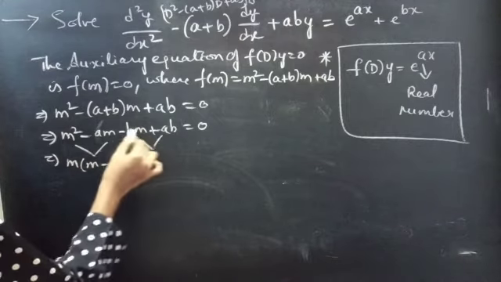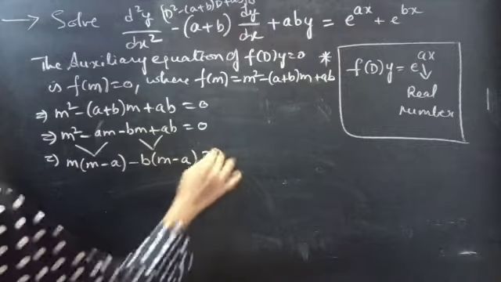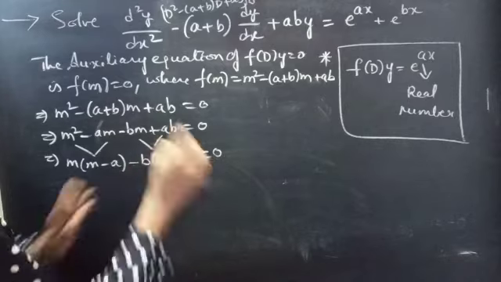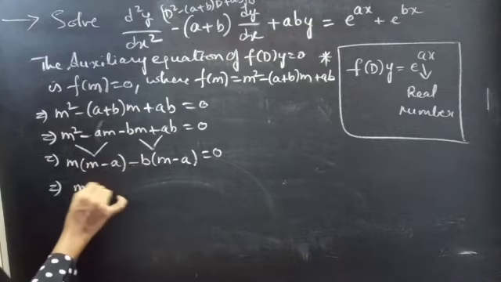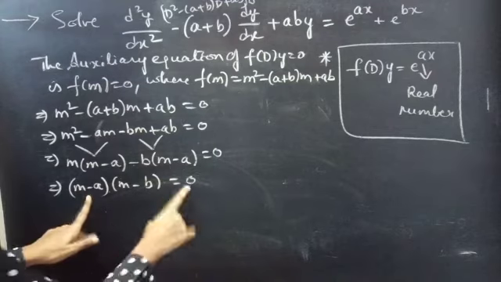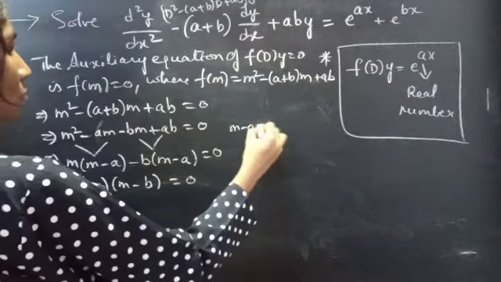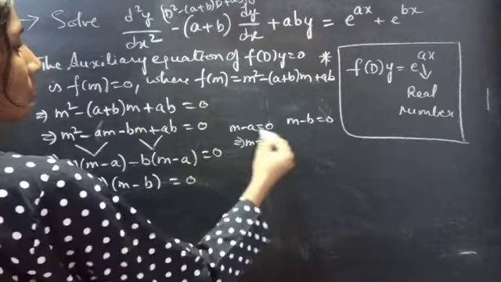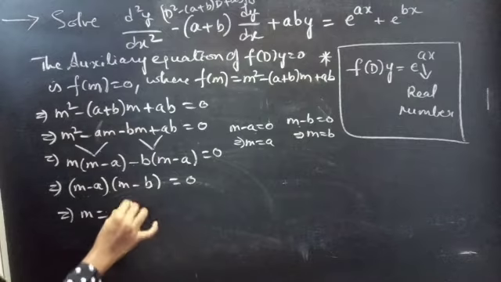Take minus b common from the next two terms: minus b times (m minus a) equals 0. Minus b into m is minus bm, and minus into minus gives plus ab. We have (m minus a) in both terms, so take it common: (m minus a) times (m minus b). Now equate each factor to 0 to find m. You'll get m equals a from the first and m equals b from the second. So m equals a and b.